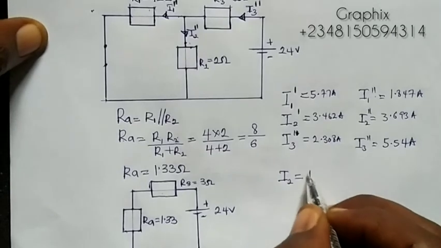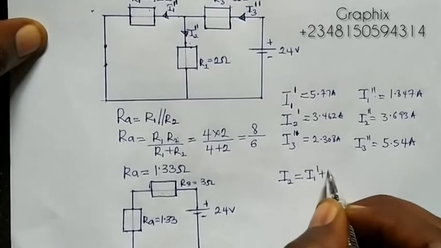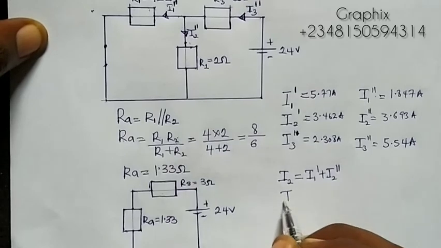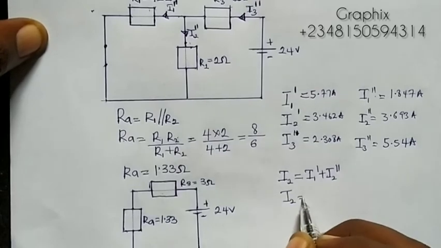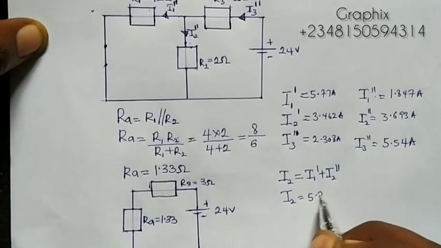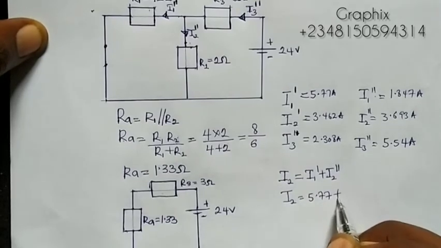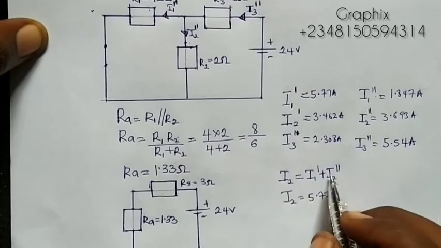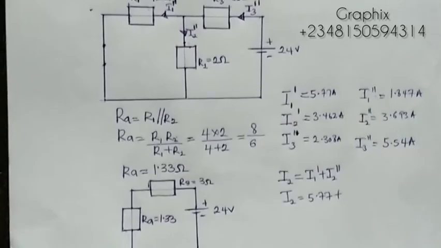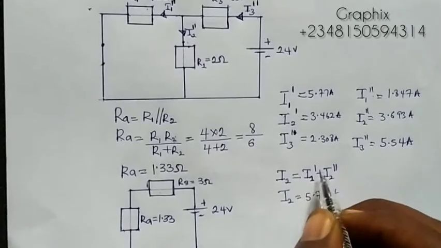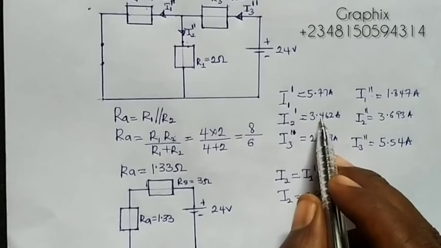So it will be I1 prime plus I2 prime. So the current flowing through the R2 ohms will be... sorry, here will be I2 prime, so it will be 3.462.